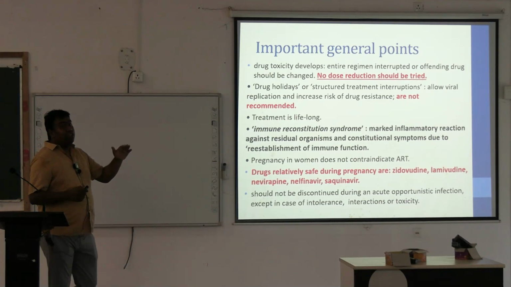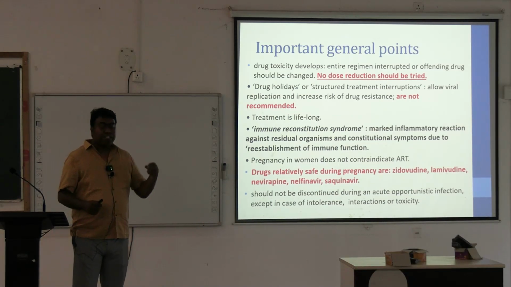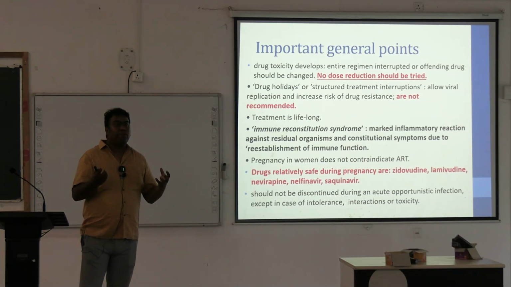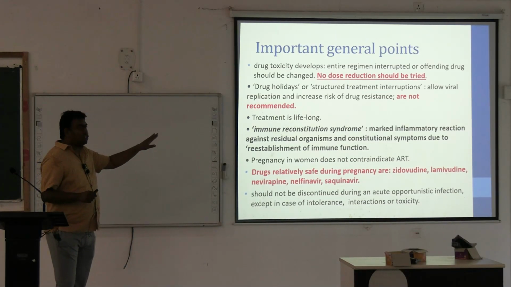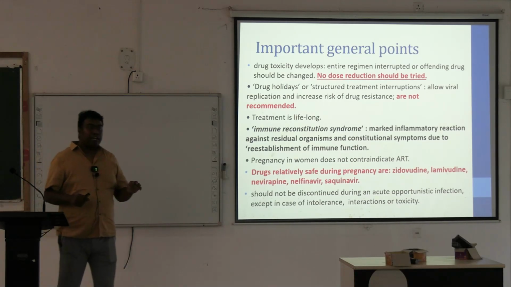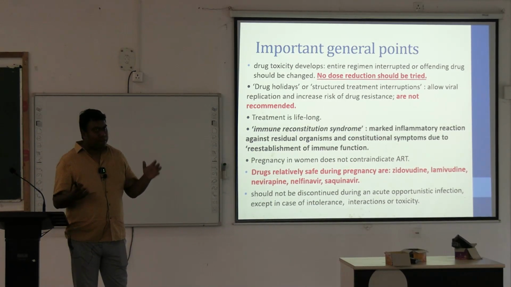But we shouldn't reduce or change the regimen at that time, because this inflammation is due to the betterment of immunity. This causes immune reconstitution syndrome. If symptoms are there and the CD4 count is increasing, that is a good sign.